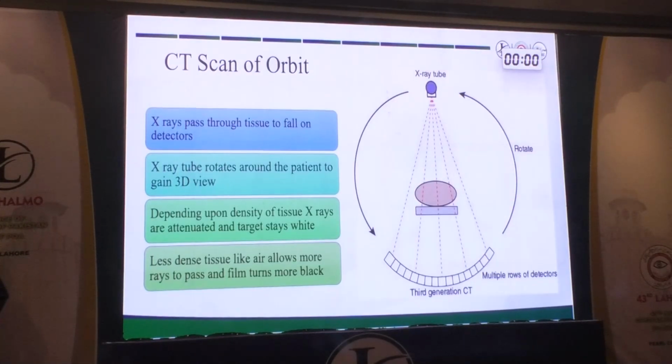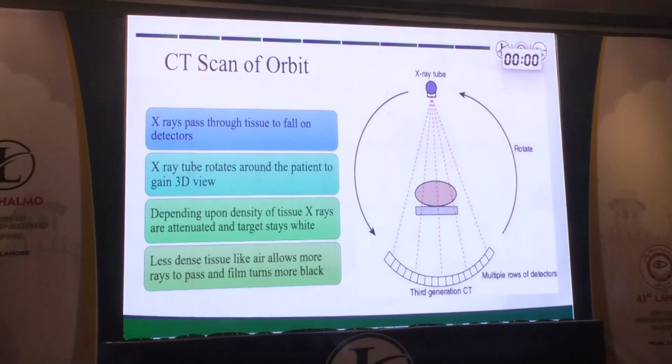Now coming to CT scan, the second modality to image the orbit. In CT scan, the X-rays pass through tissues to fall on the detectors. The X-ray tube rotates around the patient to give you a 3D view.